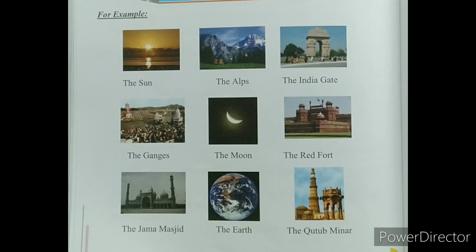We also learned that the article the is used to describe a particular or specific thing we already know. We also learned that the article the is used for names of rivers, mountains, historical buildings, holy books, and unique objects.